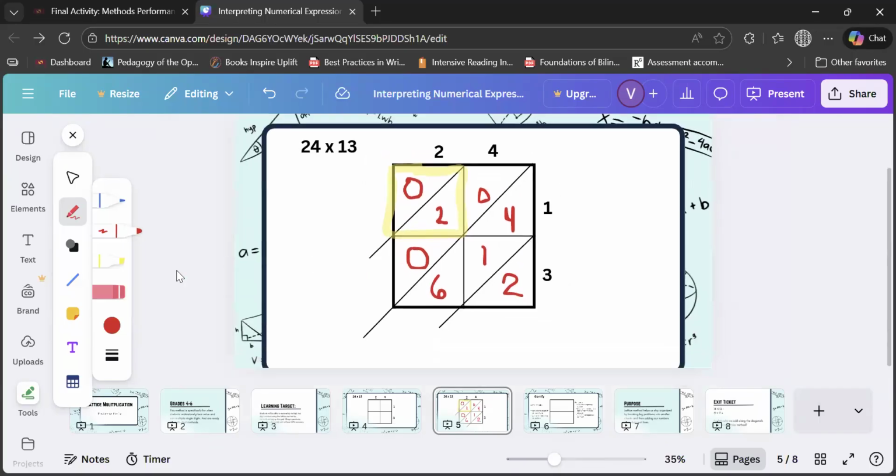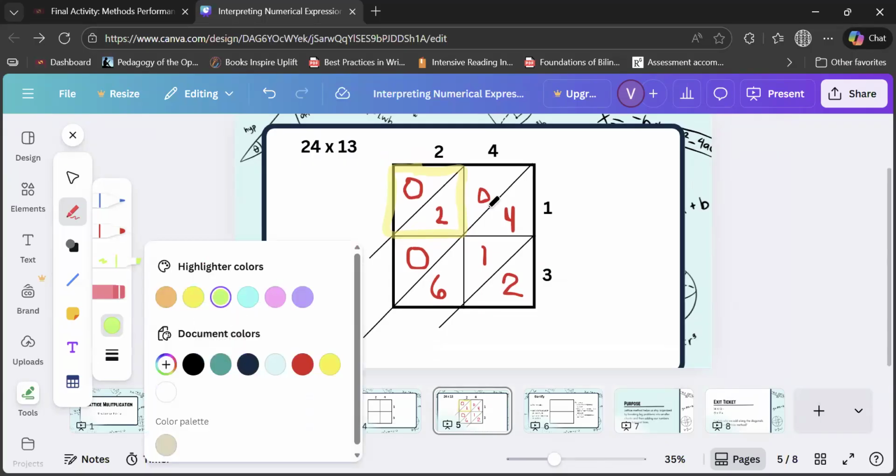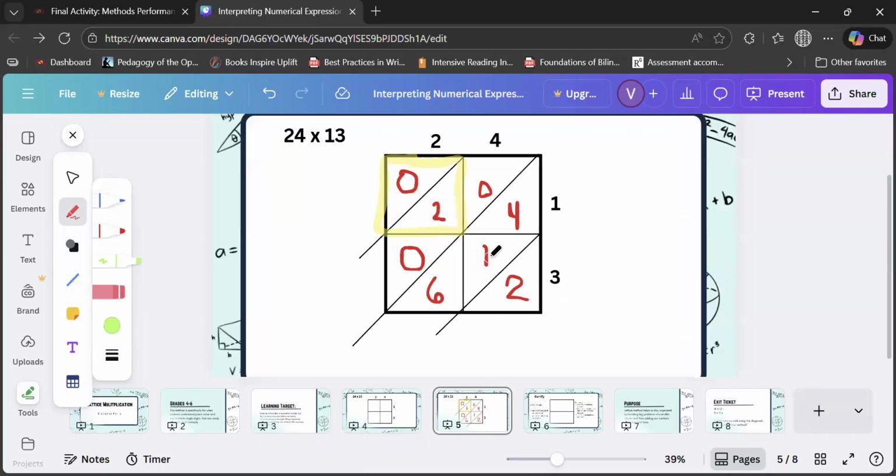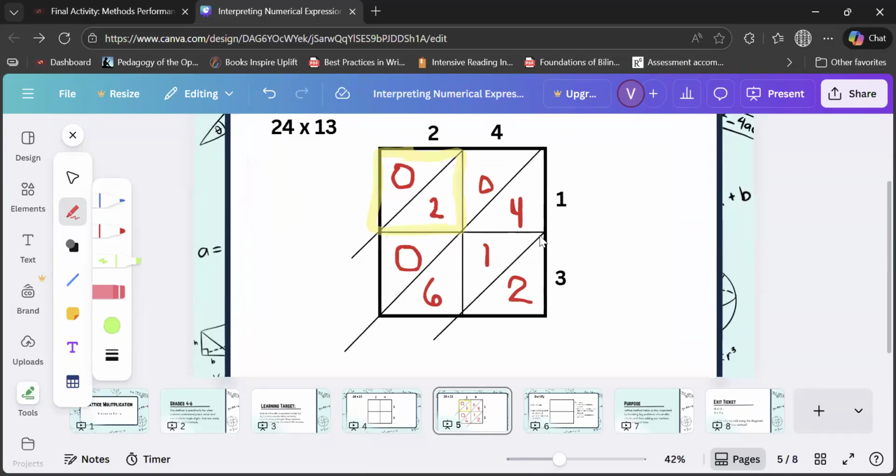Our second step is addition. When we add, we're not adding up and down or to the side. We're adding where our lines are. So our lines go diagonal. That's why we also do lines, because it helps us know which numbers to add correctly.